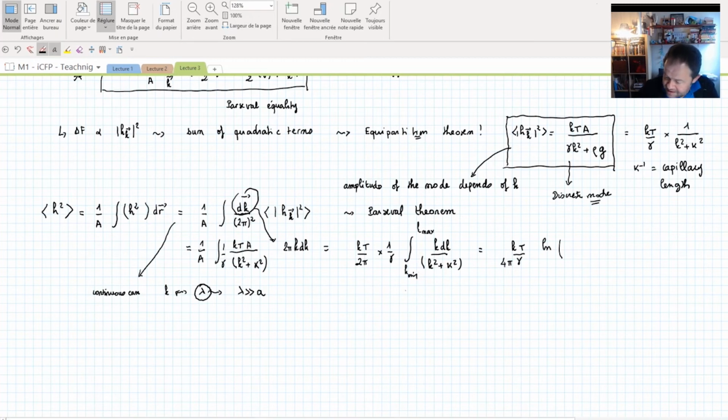So since k is 2 pi over lambda, there is one limit.